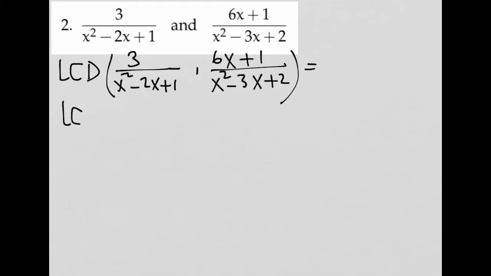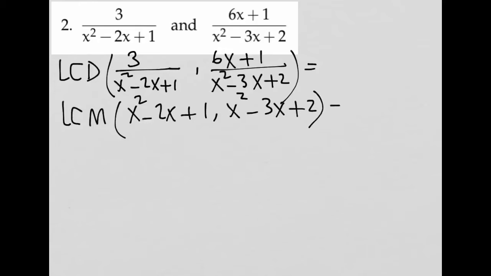This is the LCM of x squared minus 2x plus 1 and x squared minus 3x plus 2. Next we factor.